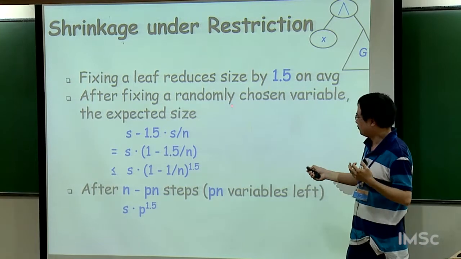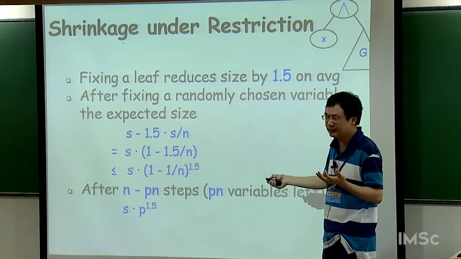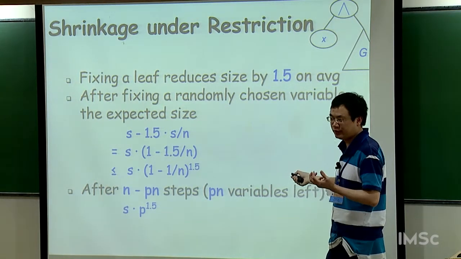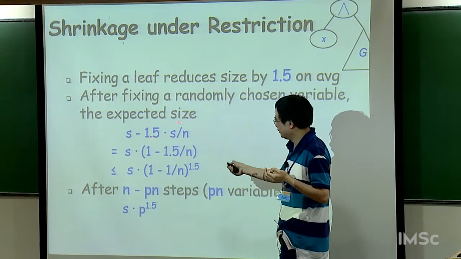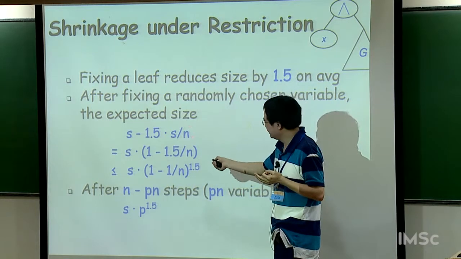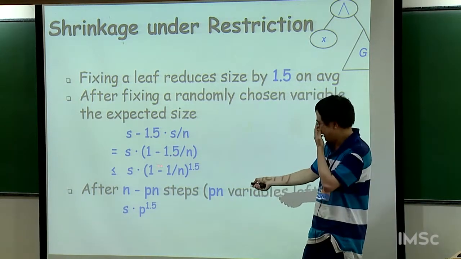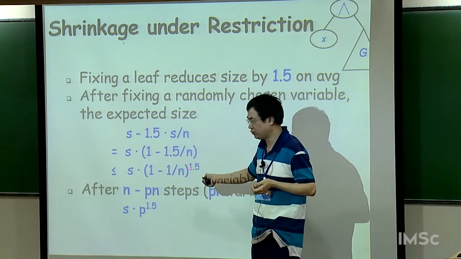Suppose we start with a formula of size s over n variables, and we pick a variable randomly to restrict. Now the formula size in expectation is going to reduce to s minus 1.5 times the average frequency of each variable, and this actually goes down by a factor of 1 minus 1 over n to the power 1.5.